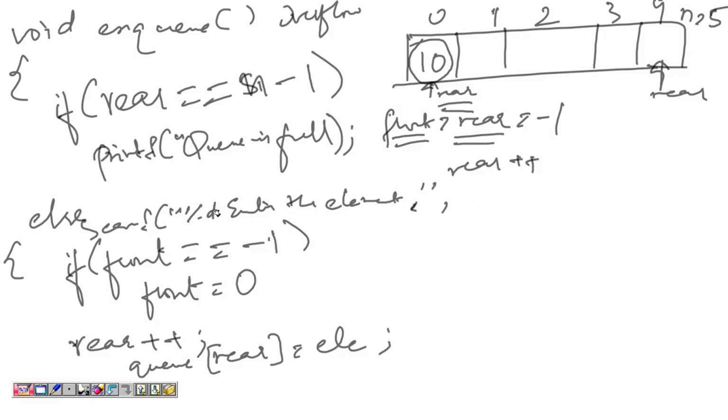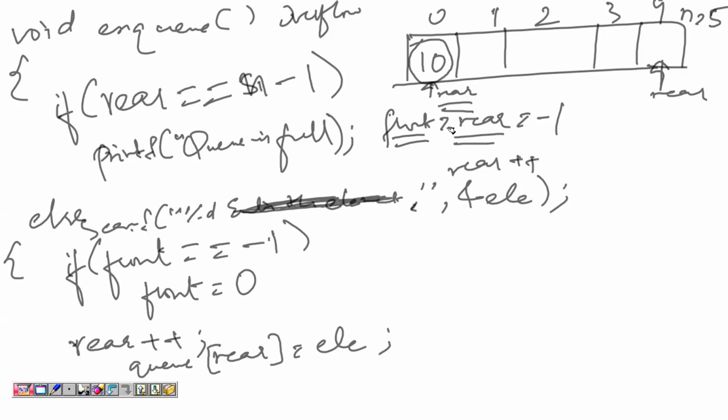I should not give the message here, I can just give the read value. You can give a printf statement before scanf: Enter the element, %d, ampersand element. Here you're reading the element, and one thing you have to remember, initially the queue is empty. So when the queue is empty, you have to increment the front part and the rear part also.